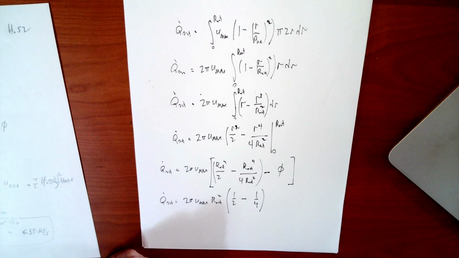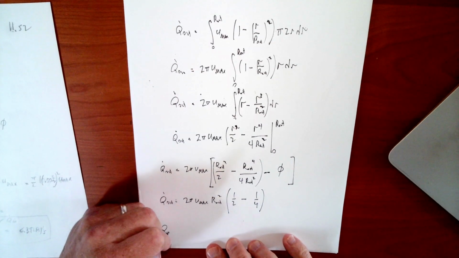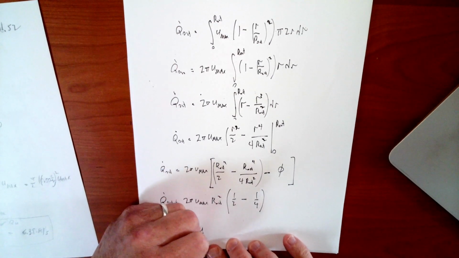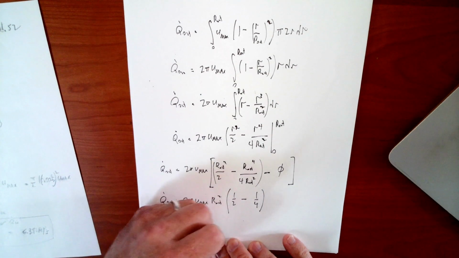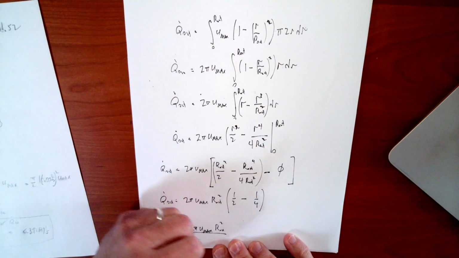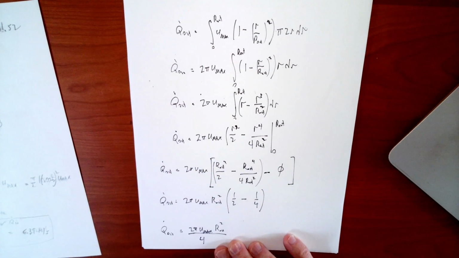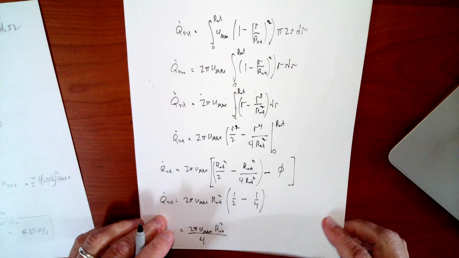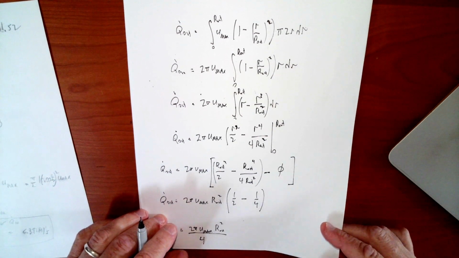Well, 1/2 minus 1/4 is just 1/4. So Q dot out is equal to 2 pi U max times R out squared over 4. Well, obviously 2 and 4 are going to cancel each other. They're going to come up with 1/2.